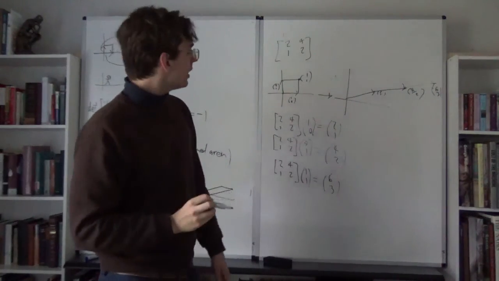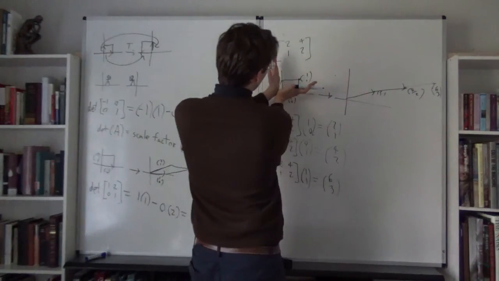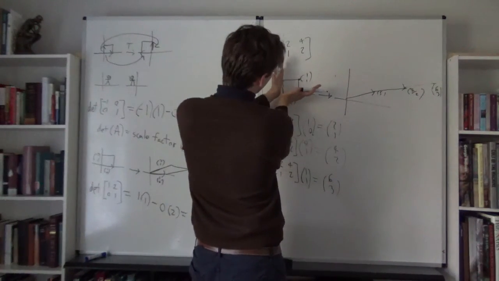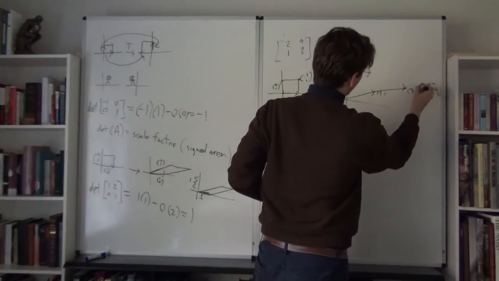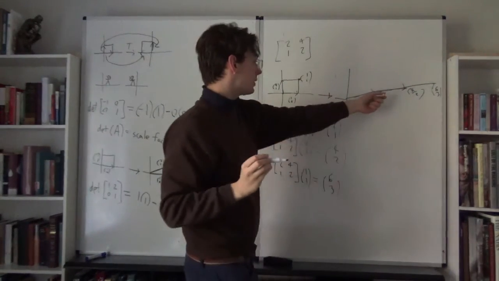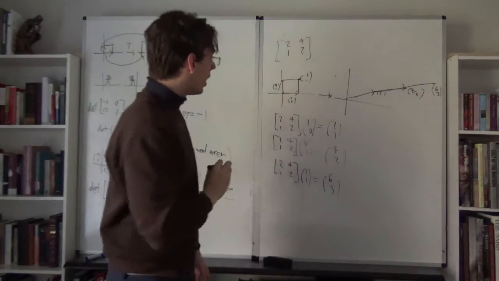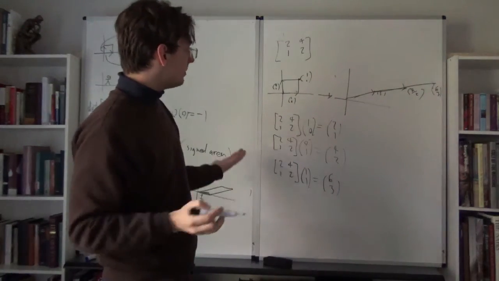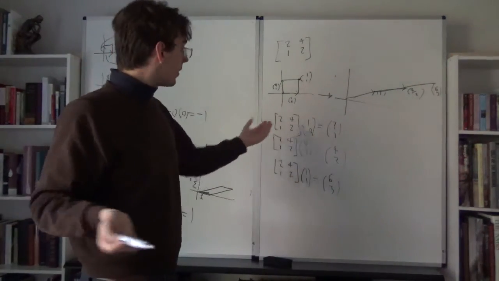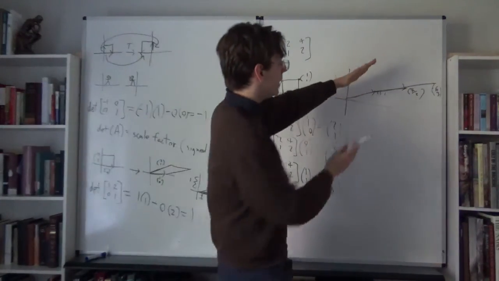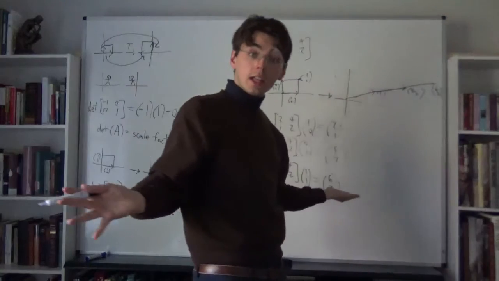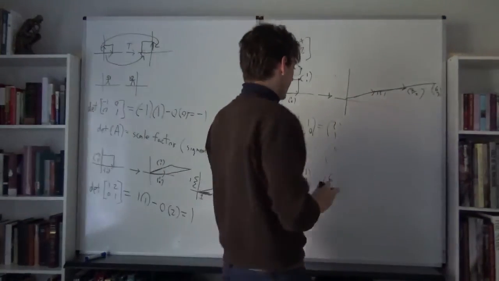I guess what's going on here is, all of this area right here collapses onto this line right here. So, let's see, I guess that means that the scale factor is 0, right? I send something that's of area 1 to something of area 0, right? What's the area of a line? Nothing. It has no area.